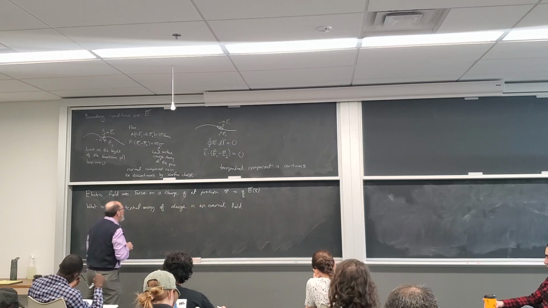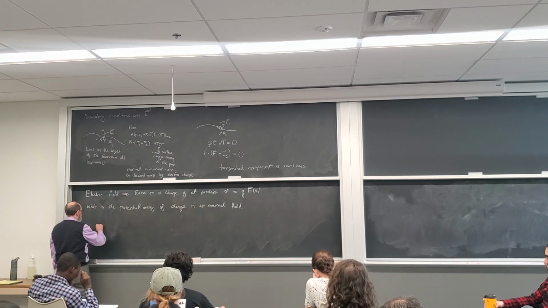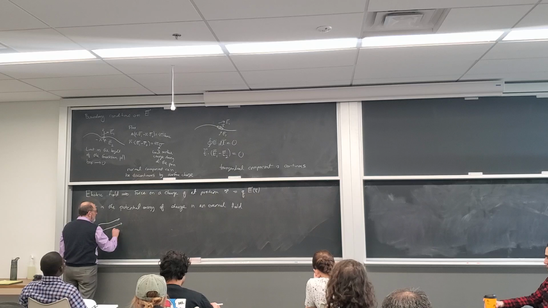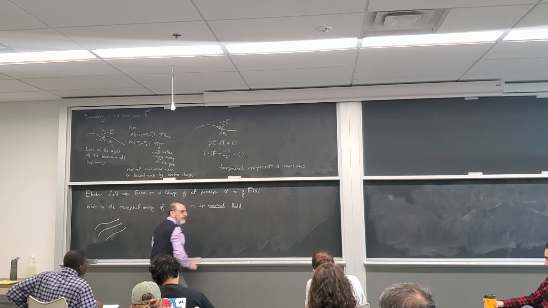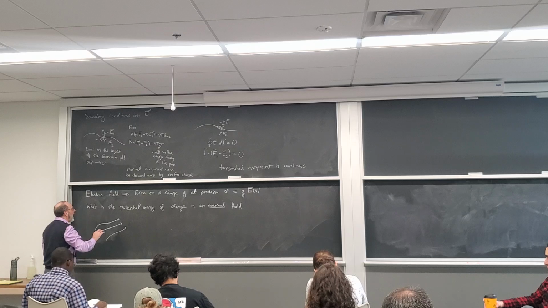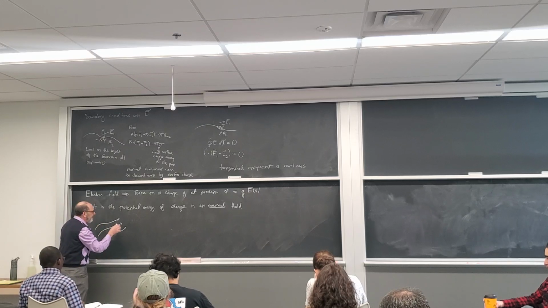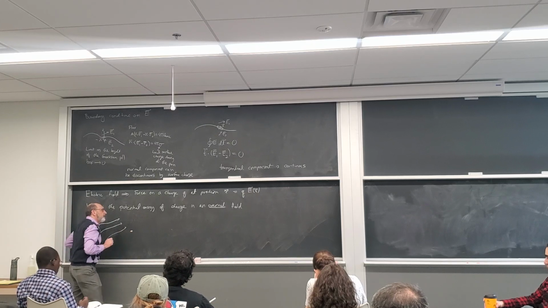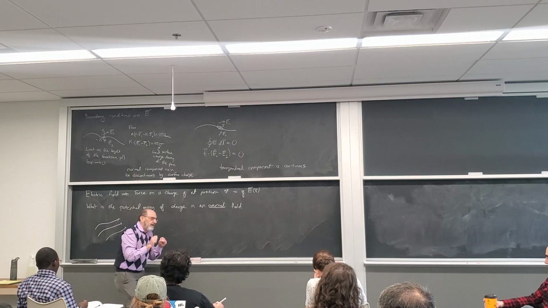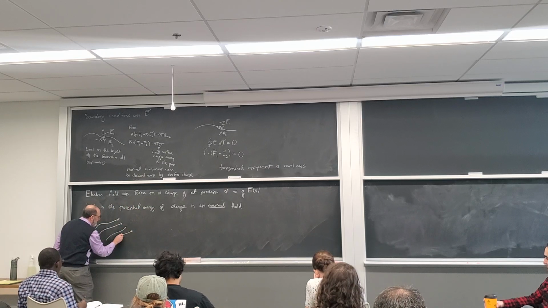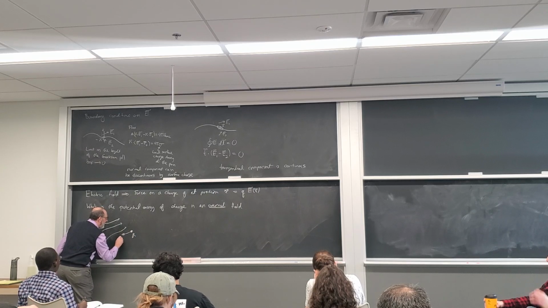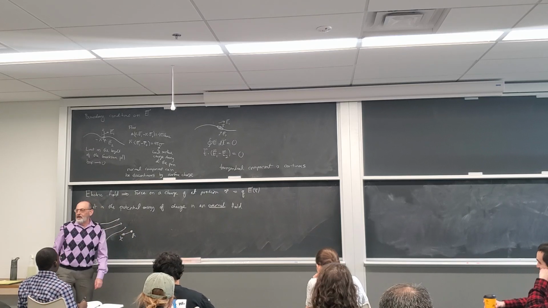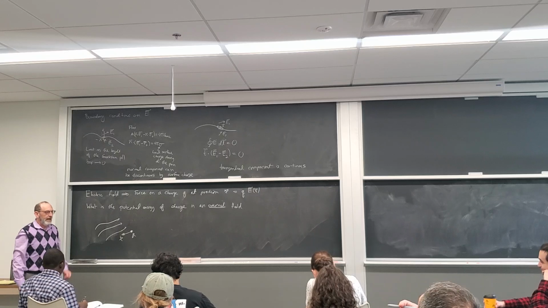So in a similar spirit to that, I have some electric field that's coming from some other charges, okay? That's the external part, the E field. And I've got to drag this charge against the force and move it through the field to put it at some point. And that took some work for me to do, okay?